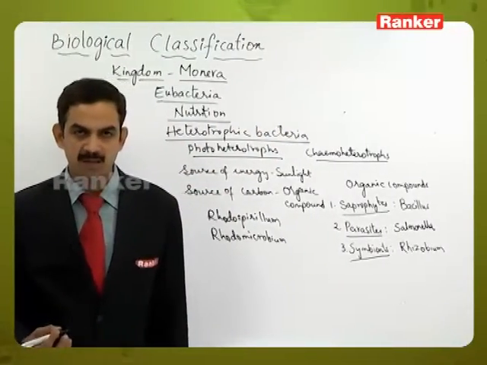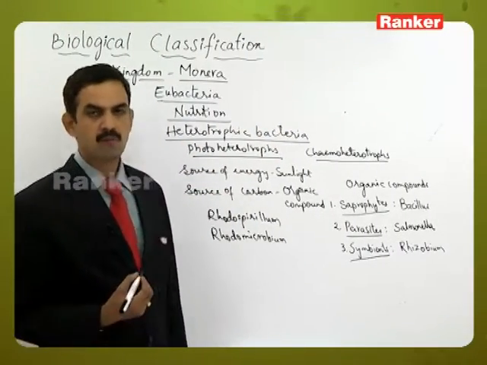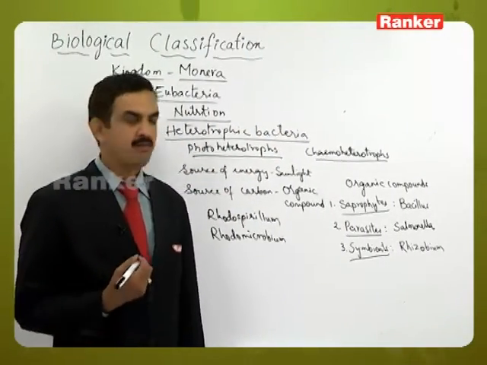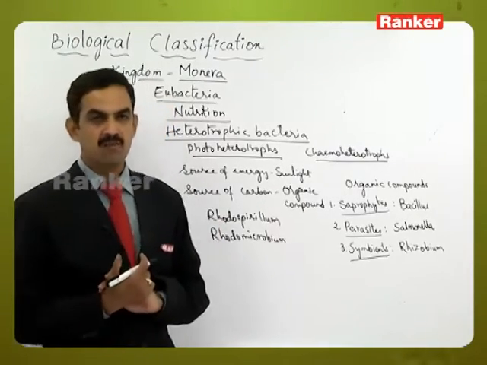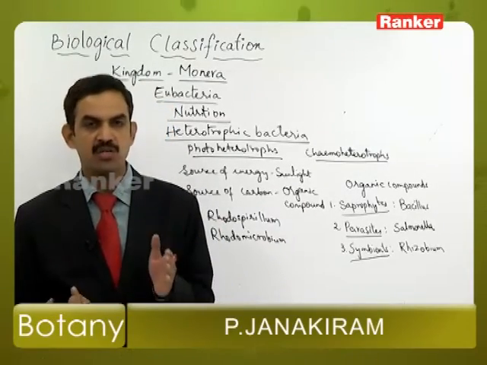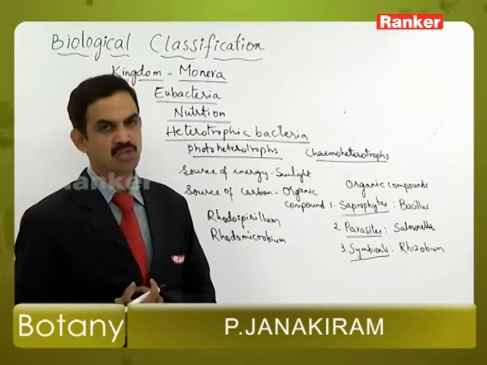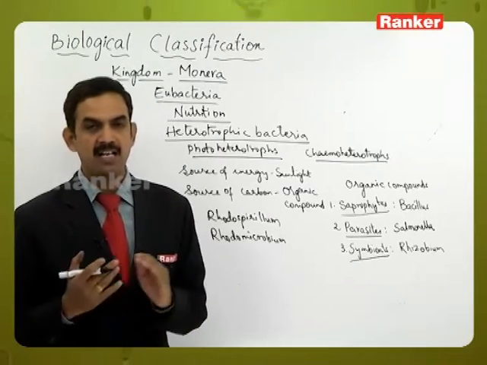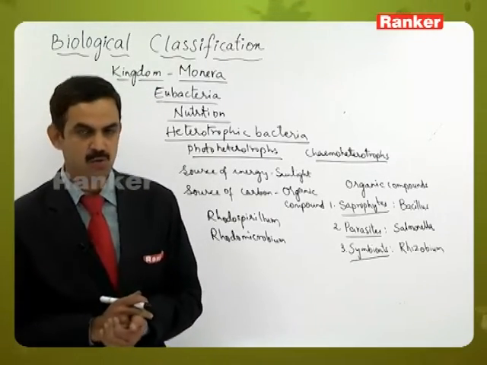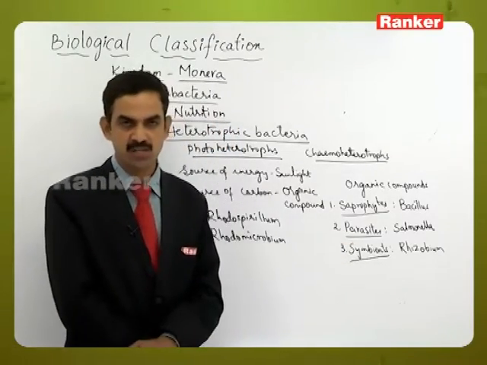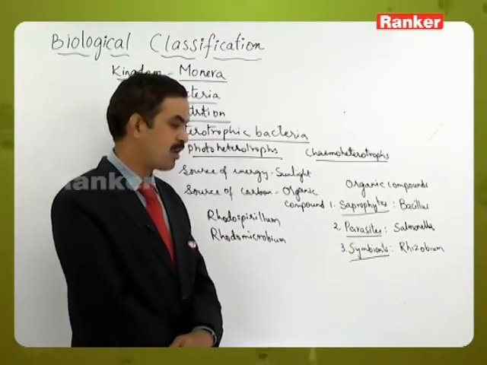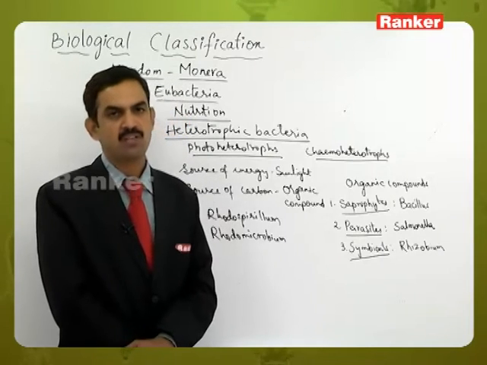The Rhizobium bacterium is associated with the roots of leguminous plants, where the Rhizobium provides nitrogen to the legume plant, whereas the legume plant provides nutrition and also shelter to the Rhizobium bacteria. Likewise, both of them are benefited with this association. This type of association is called symbiotic association, and this type of nutrition is called symbiotic nutrition.